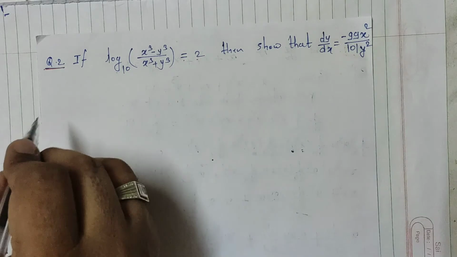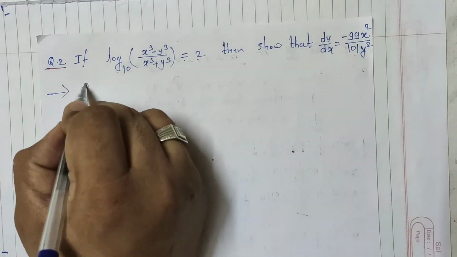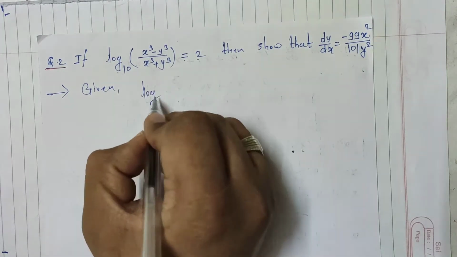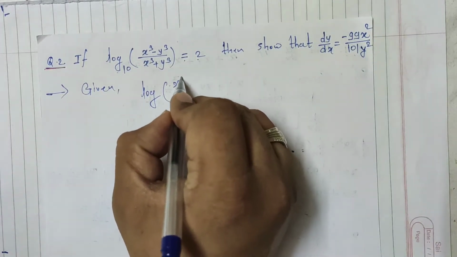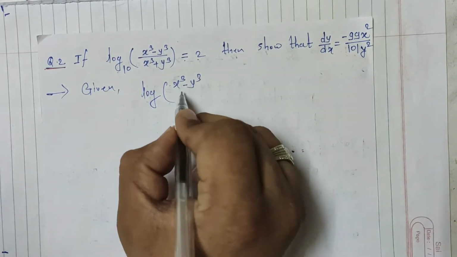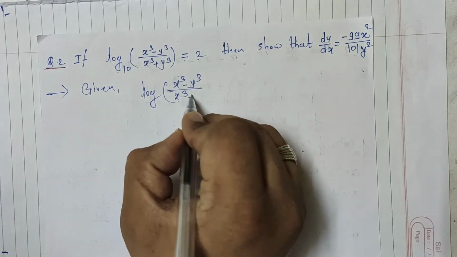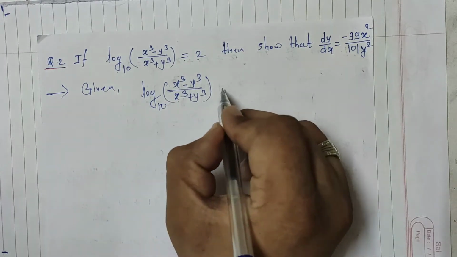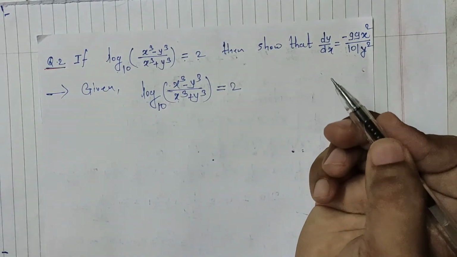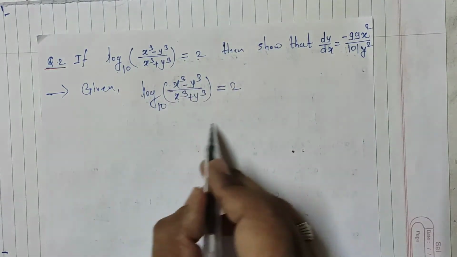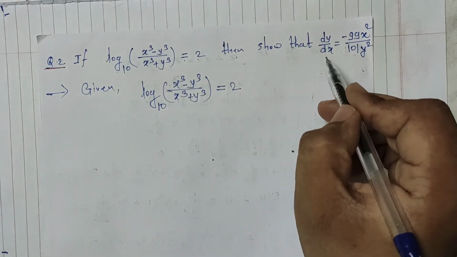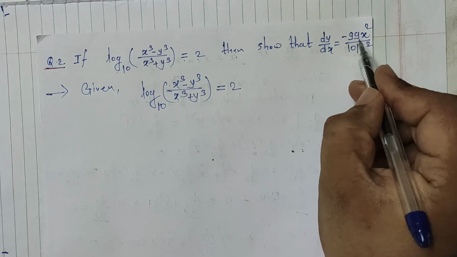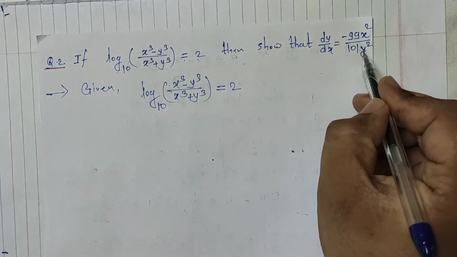First of all, what is given? Given log of (x cube minus y cube) upon (x cube plus y cube) to the base 10 is equal to 2. After simplifying this equation, you will get dy upon dx is equal to minus 99x square upon 101 y square.